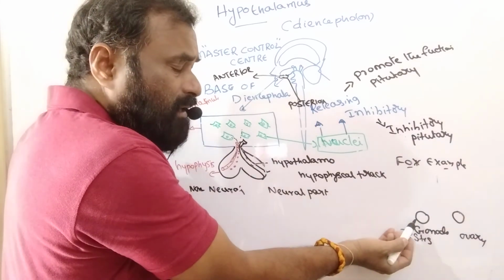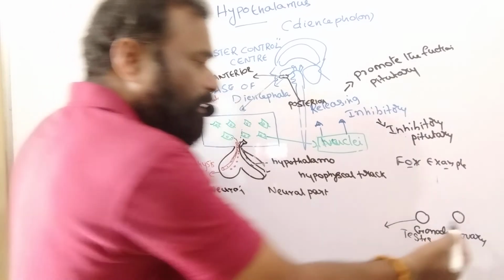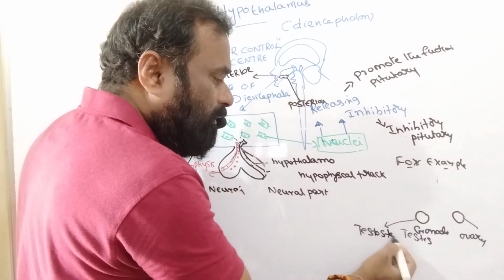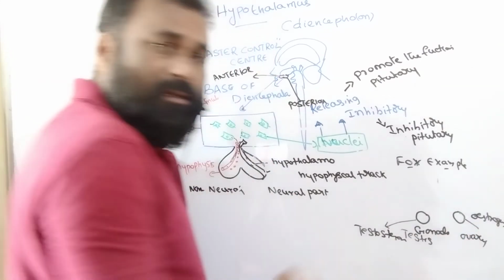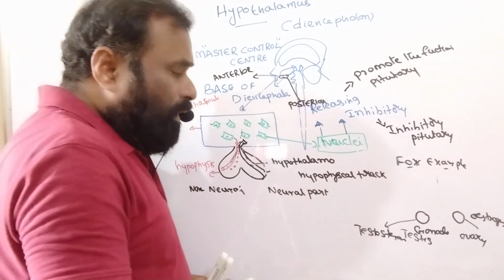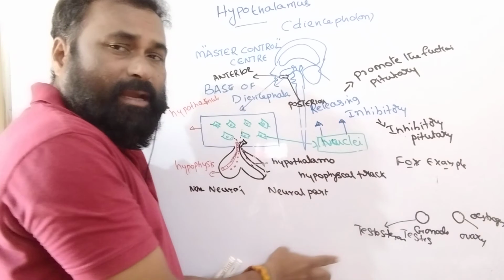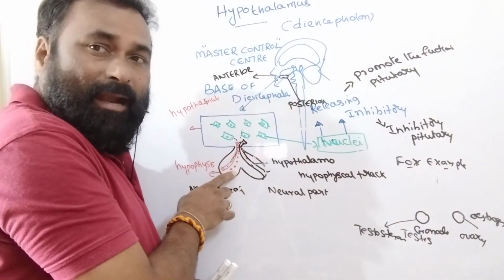These gonads are liberating hormones. They may be testosterone, estrogen, or progesterone. These hormones are liberated by the gonads, and the gonadal functionality should be motivated by the pituitary gland secretion.